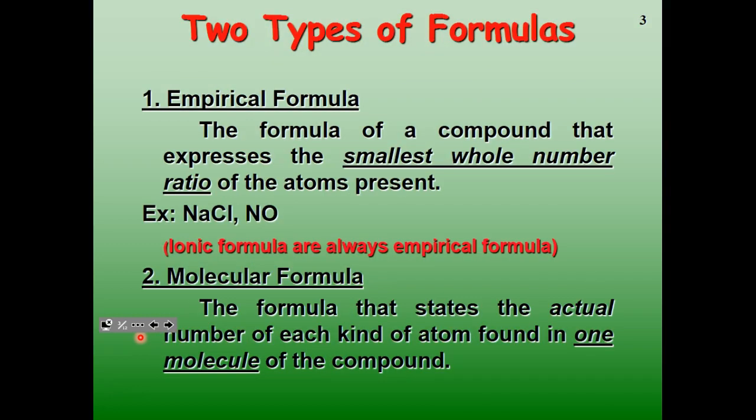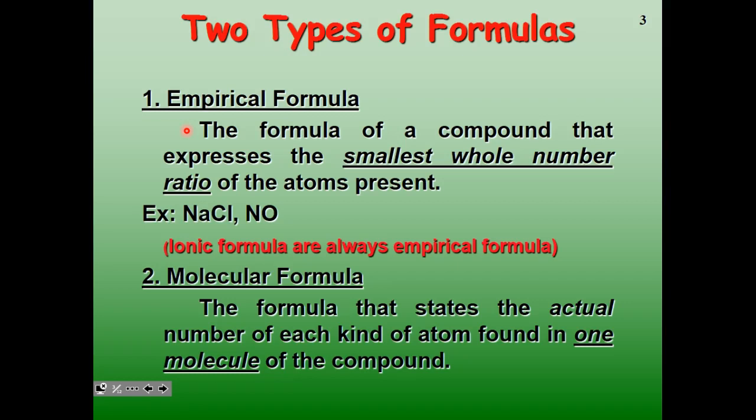So there are 2 types of chemical formulas that you'll need to be able to identify, and then we're going to talk about how to calculate the first one here. The 2 types of formulas are an empirical formula and a molecular formula. An empirical formula is the formula of a compound that is in the smallest whole number ratio of atoms present.